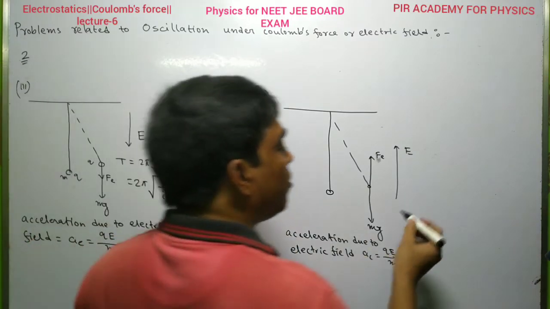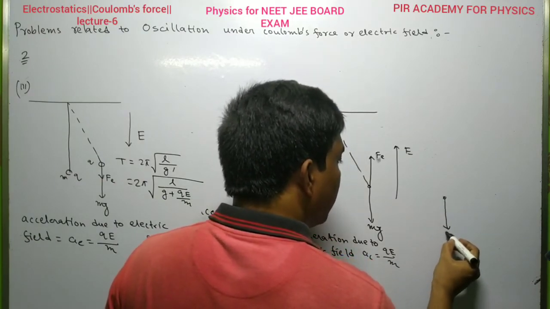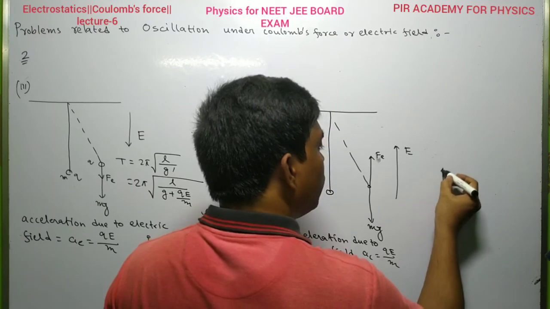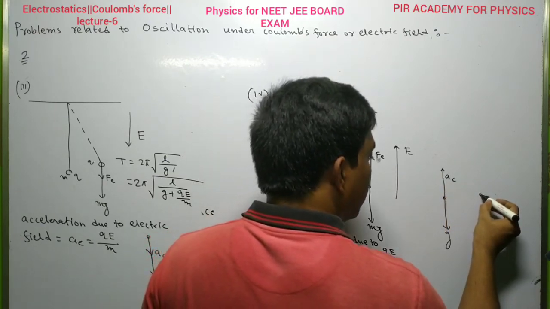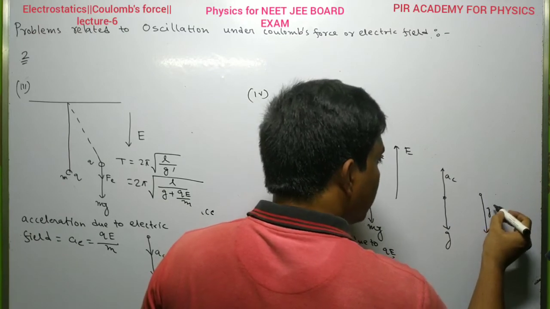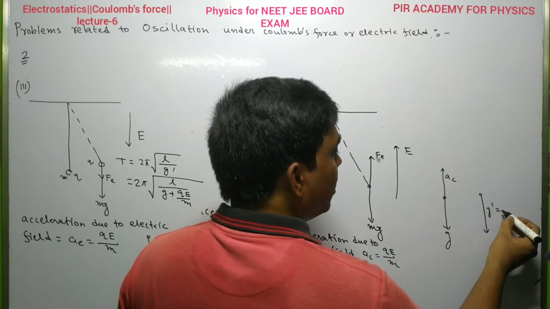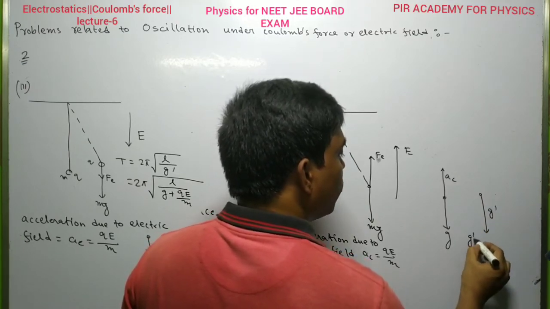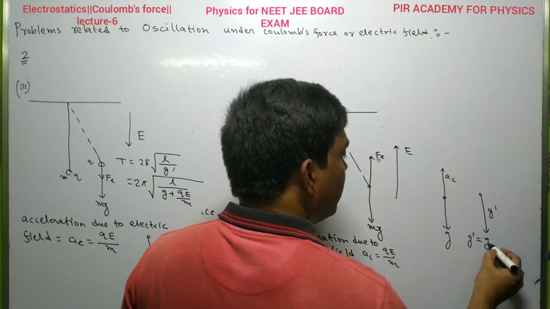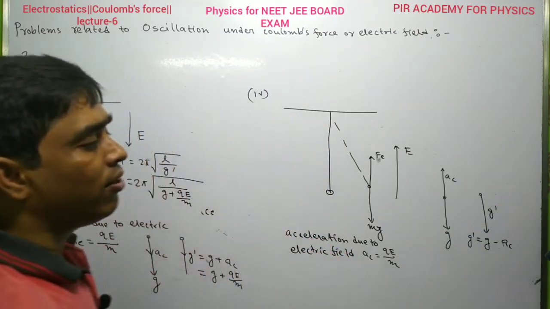But here you see that the acceleration due to gravity is along this direction, and the acceleration due to electric field is along this direction. So the resultant acceleration, suppose g dash, will be g minus a_E, because this is the opposite direction.